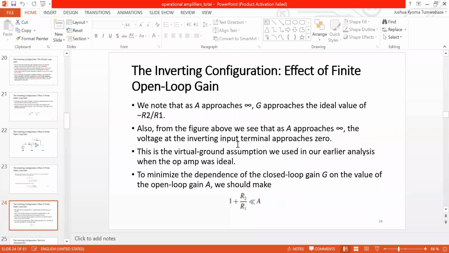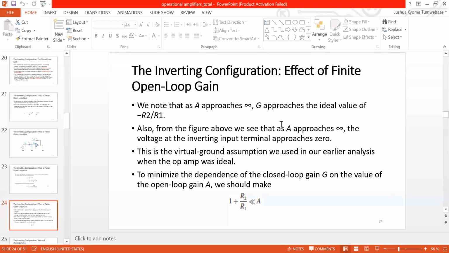Therefore, when you want to design your op-amp circuit and you want it to be as close to the ideal conditions as possible, you must choose an op-amp with a very high open loop gain.